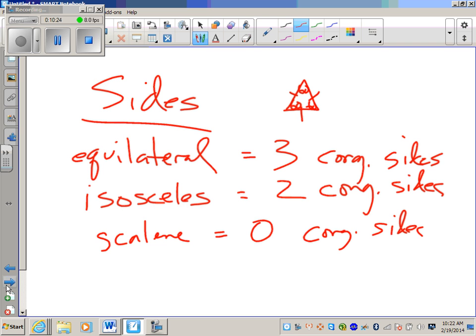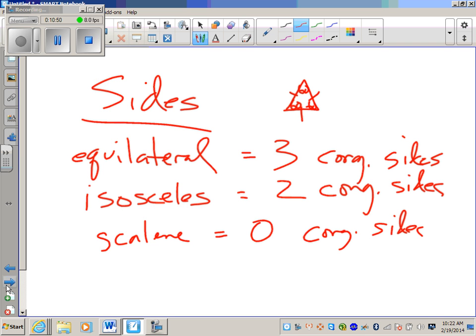Number 2: acute because all three angles are acute. Number 3 is obtuse because of the 115.